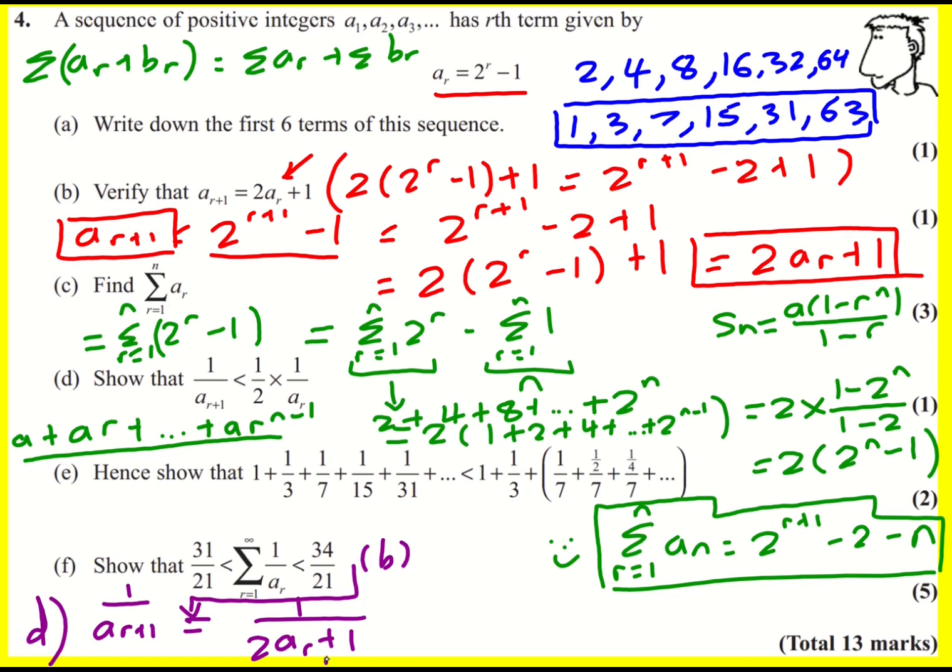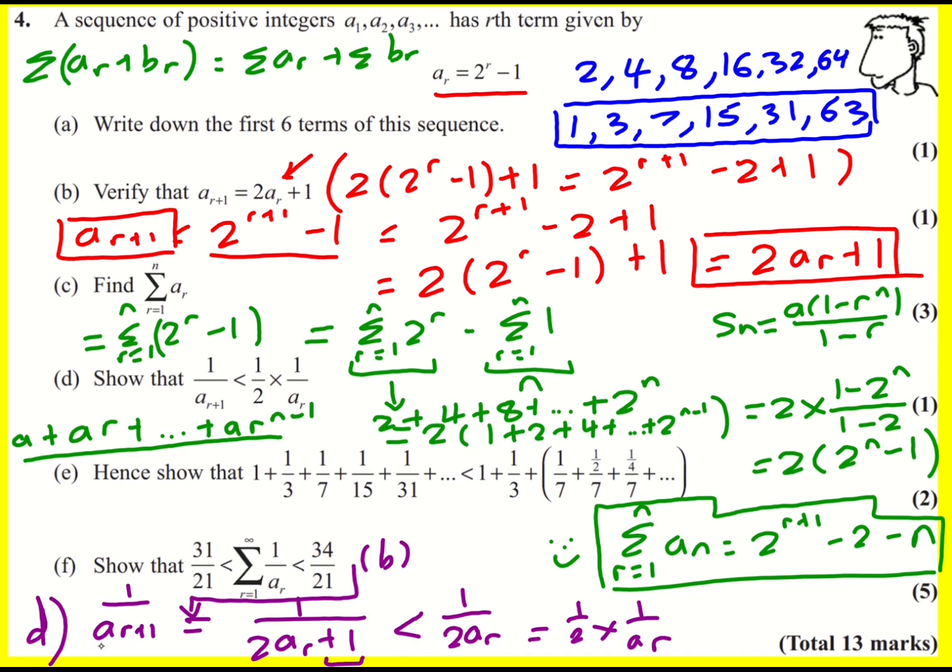And then here, this number makes the fraction smaller when you add one to it, like a quarter is less than a third. So this will necessarily be less than 1 over 2a_r. And that is actually the same as a half times 1 over a_r.